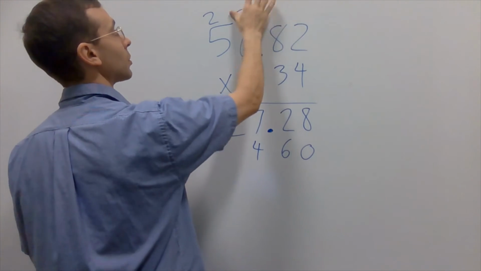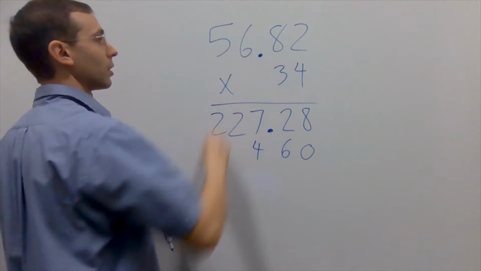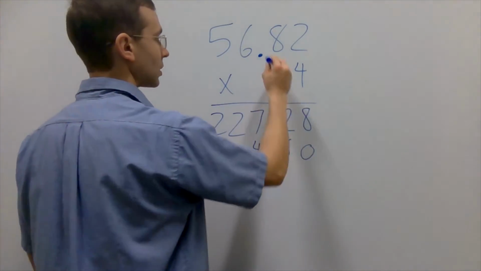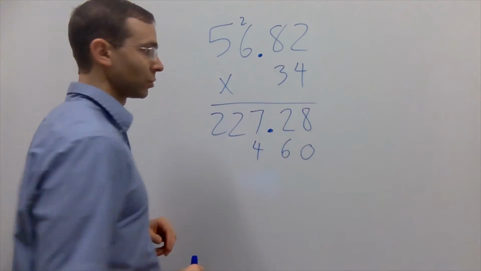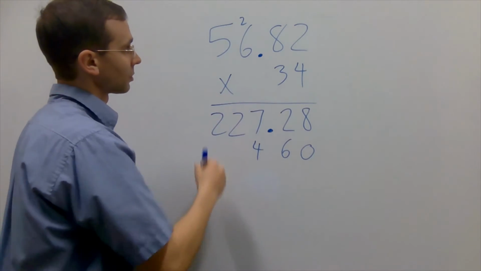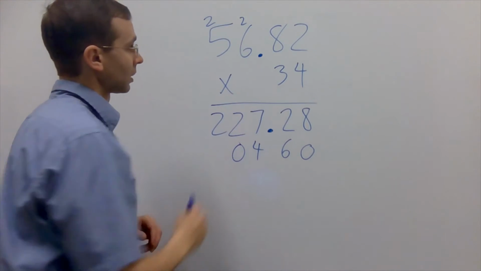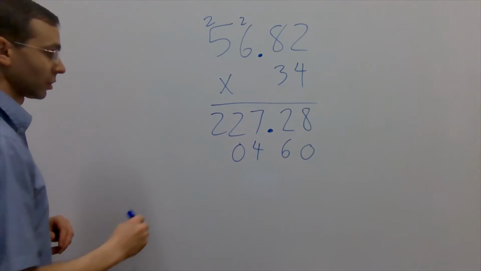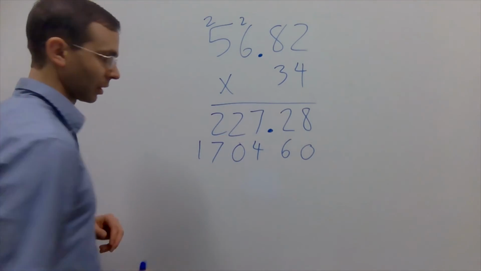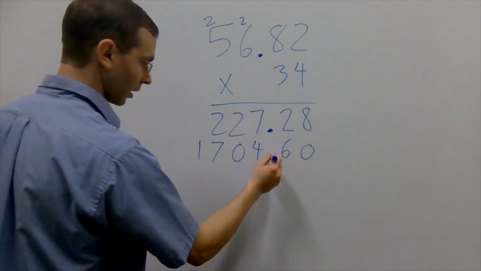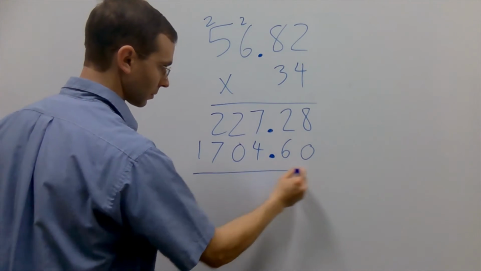Here perhaps you may want to get rid of your old carrying numbers. So at 24, we'll get a 2 there. 3 times 6 is 18, plus 2 is 20. 3 times 5 is 15, plus 2 is 17. And again, 2 decimal places.